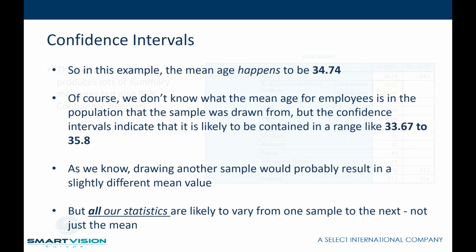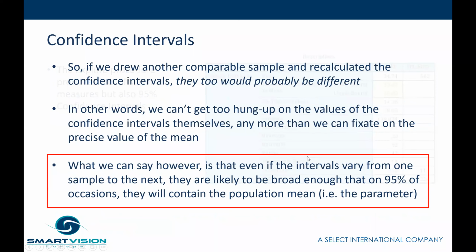As we know, drawing another sample would result in a slightly different mean value. But all our statistics are likely to vary from one sample to the next, not just the mean. So the confidence intervals themselves would vary from one sample to the next. If we drew another comparable sample and recalculated the confidence intervals, they too would probably be different.